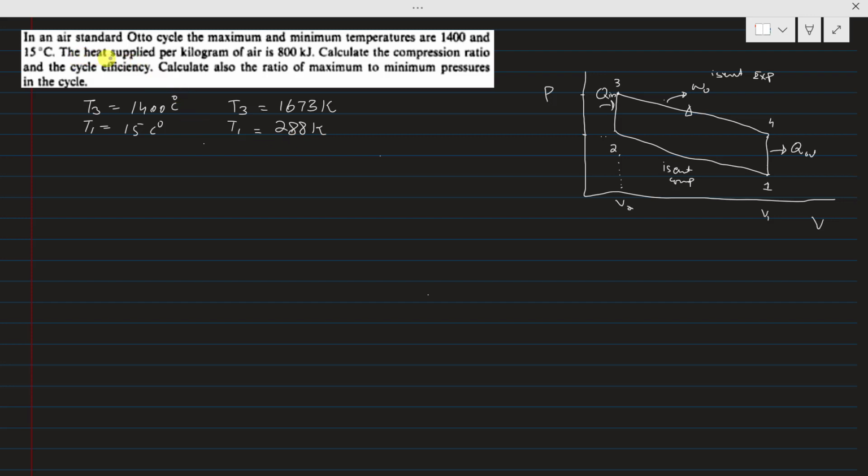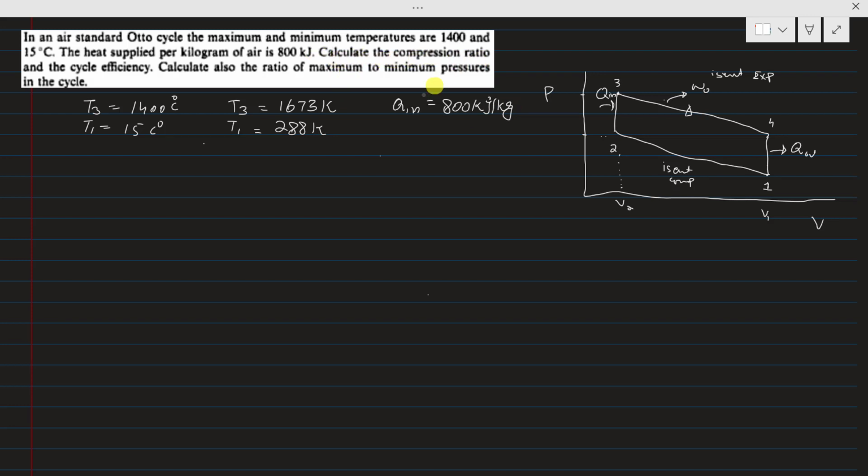The next thing is that the heat supplied per kilogram of air is 800 kilojoules. So the heat supplied in process 2 to 3 is Qn, that is 800 kilojoule per kg. Now what do we have to calculate?